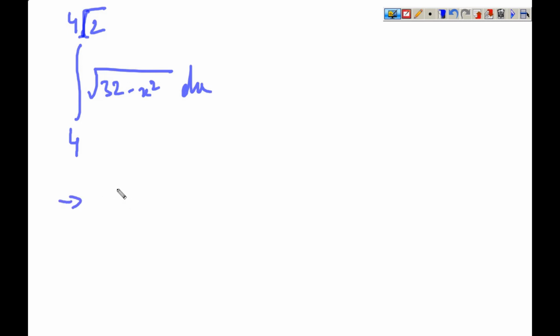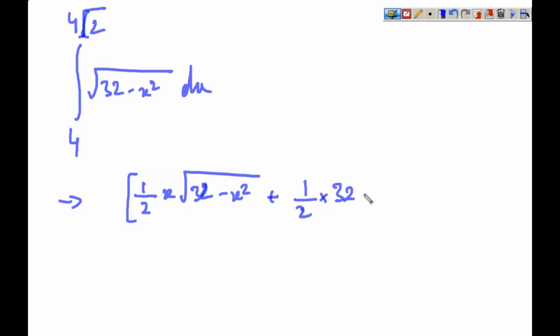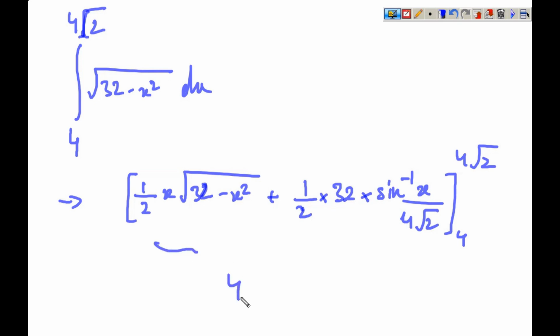So the integral will come out to be 1 by 2 x under root 32 minus x square plus 1 by 2 times 32 times sine inverse x by 4 under root 2, and then we have to simply apply the upper and lower limits. So this part comes out to be 4 pi minus 8, right?